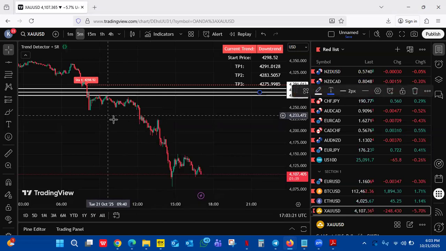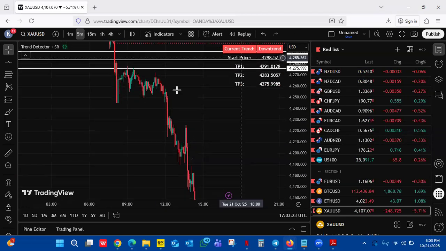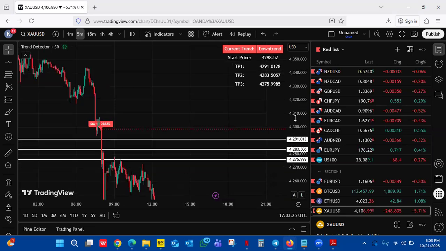So guys, you can see this is the take profit level.